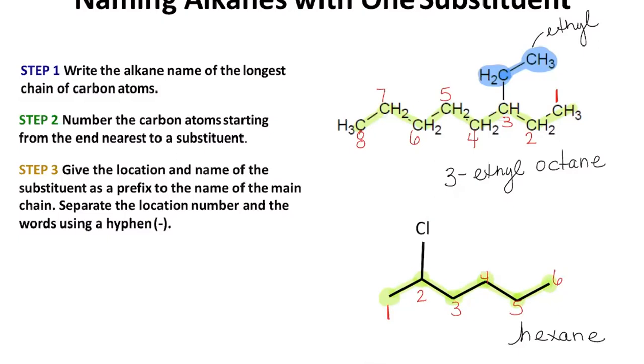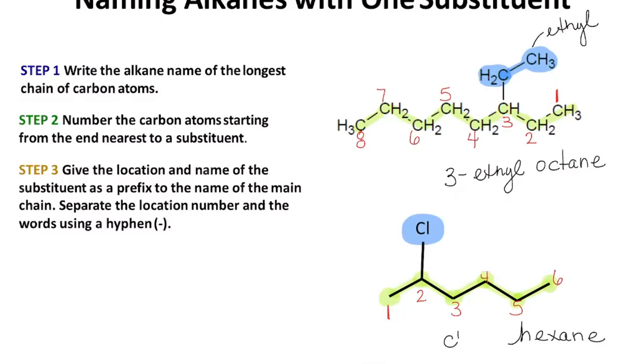So in this molecule, our substituent is a Cl group. What is the word that we can utilize when we have a branch or a side group or a substituent that is chlorine? What's the word? Great, chloro.